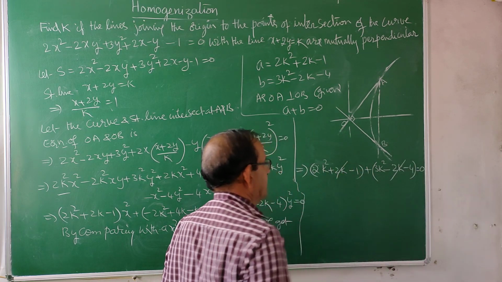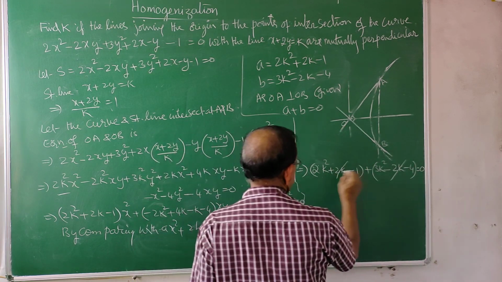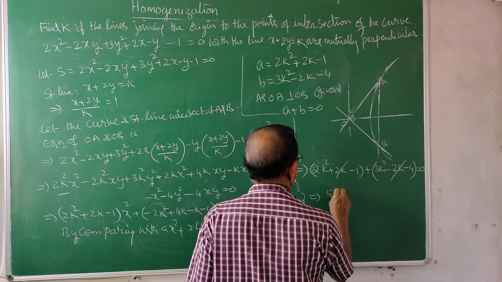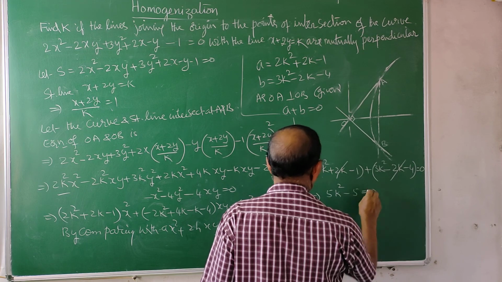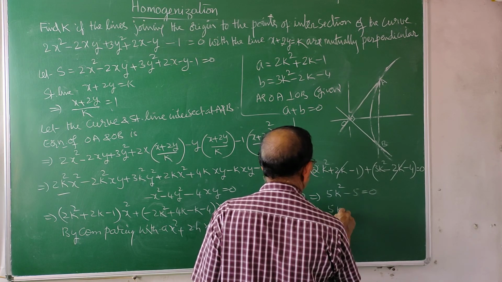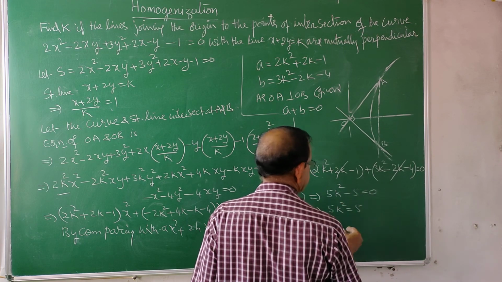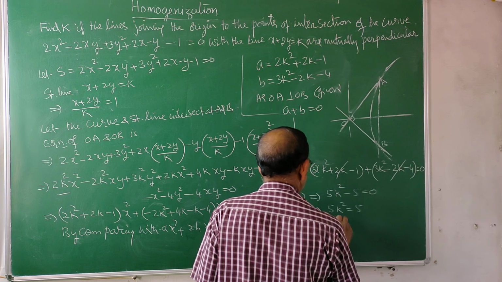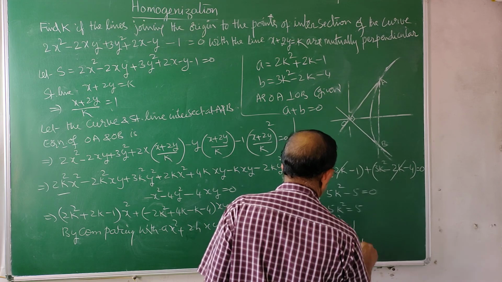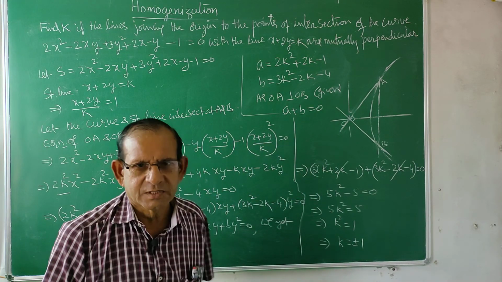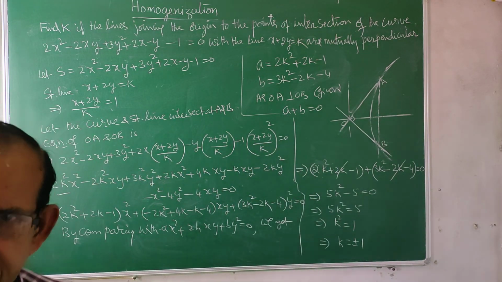Minus 2k and plus 2k are cancelled. 2k square plus 3k square is 5k square minus 5 is equal to 0. That is 5k square is equal to 5. If you cancel 5 on both sides, you will get k square is equal to 1. That implies k is equal to plus or minus 1. Those are the two values for k.